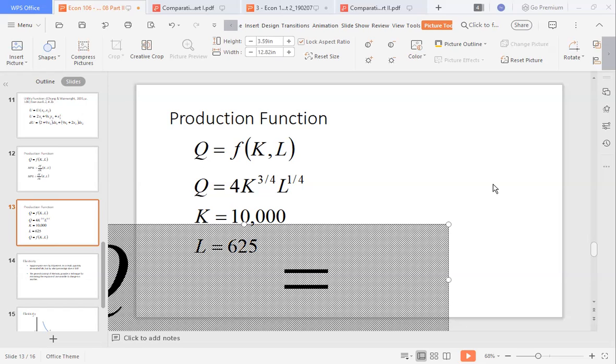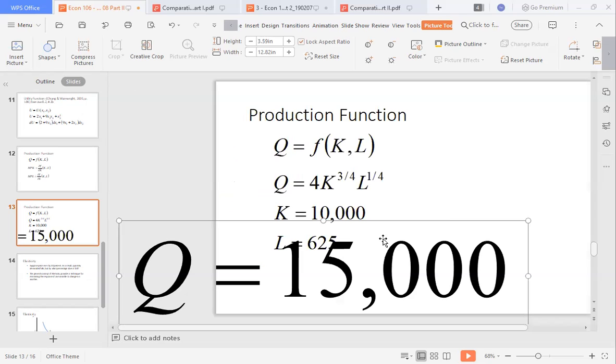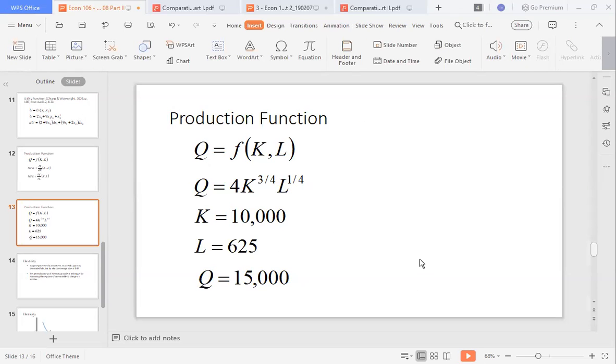I have not heard your voice today. So what's our Q, Atika? Okay, how about the others, class? What's Q? Let me know if my answer is correct. Is this correct? Is this correct, class? Did you get 15,000?